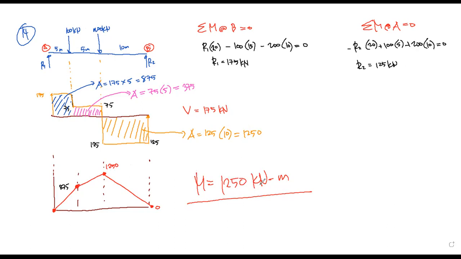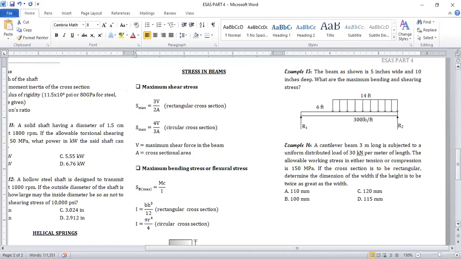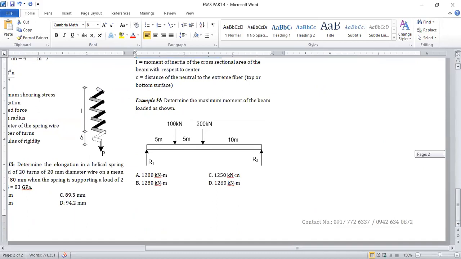So therefore, the unit is kilonewton meter. Okay, so we call this one the moment diagram. That is for item number 14. So just look at the choices. That's 1,250, so you have it letter C.